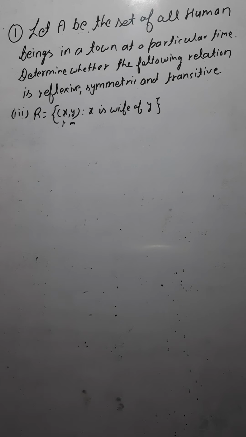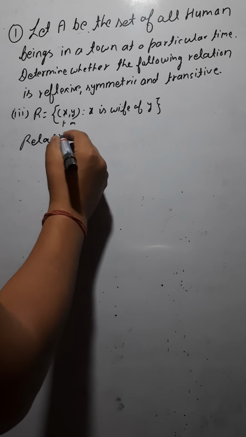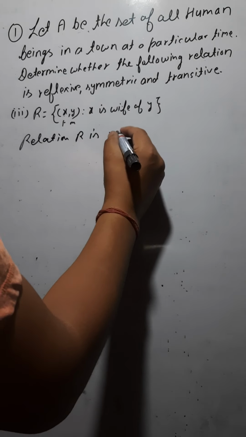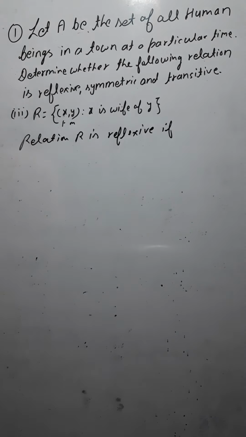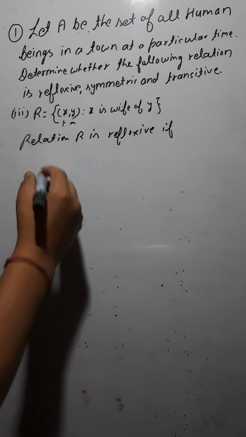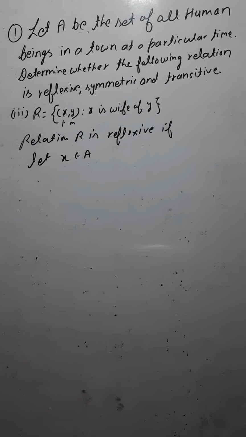Now let's check whether this relation is reflexive or not. Relation R is reflexive if, let x belong to A, the doublet (x, x) is also there in the relation.